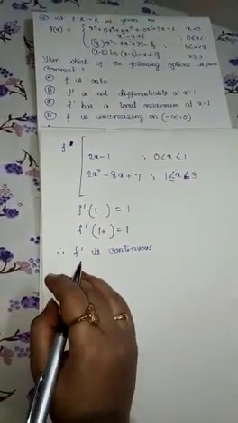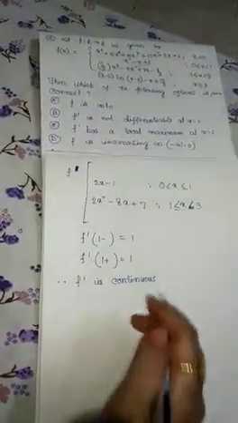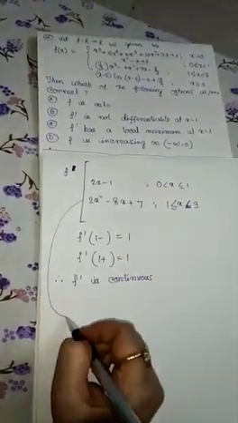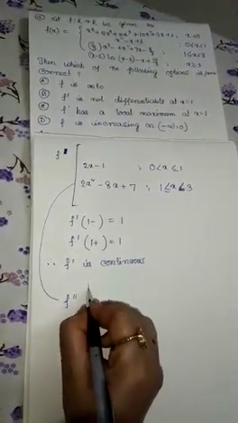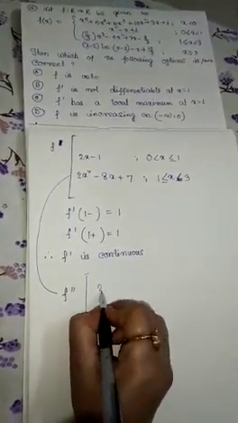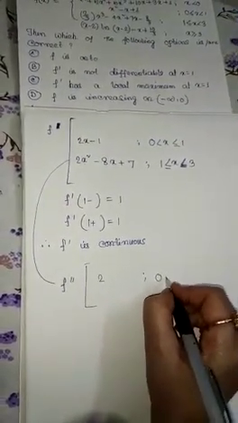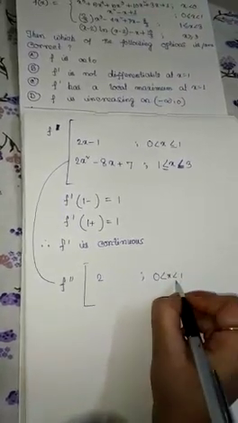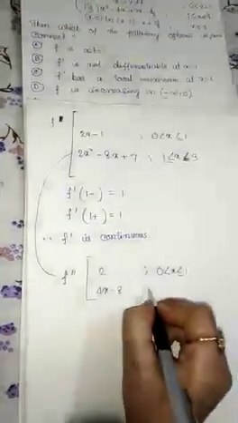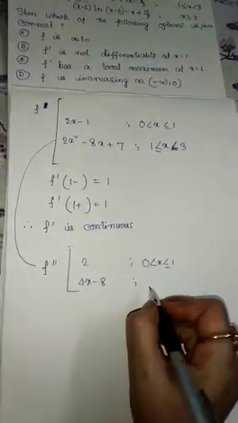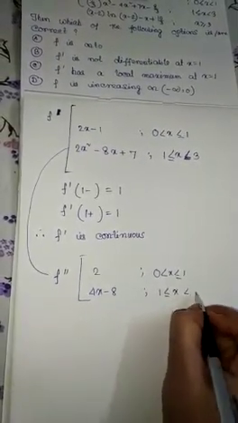Let's differentiate this function once again. f'', the first one is 2, lies between 0 to 1. Second one is 4x - 8, lies between 1 to 3.